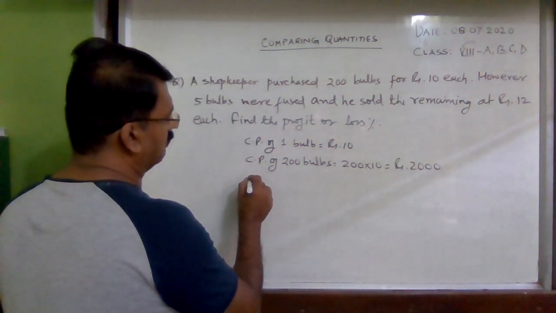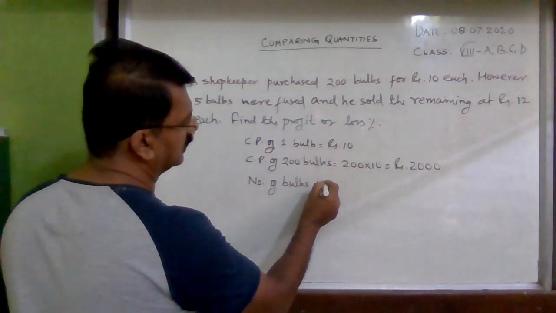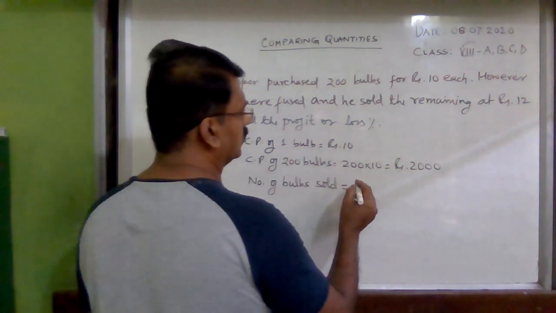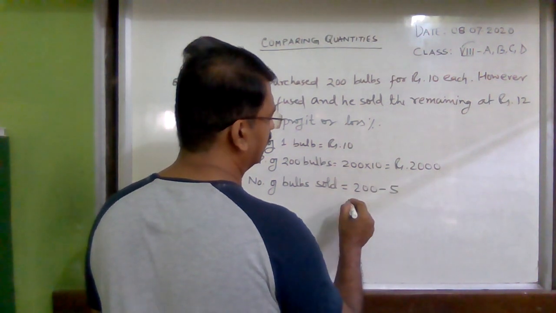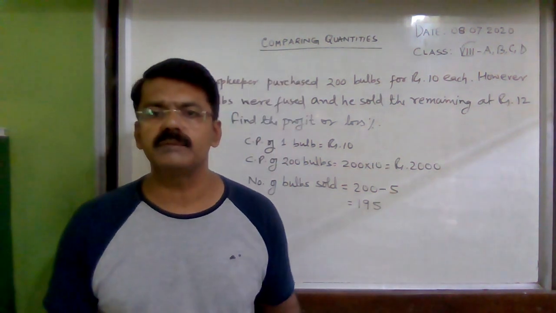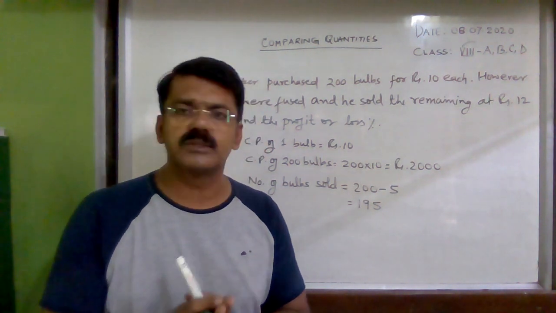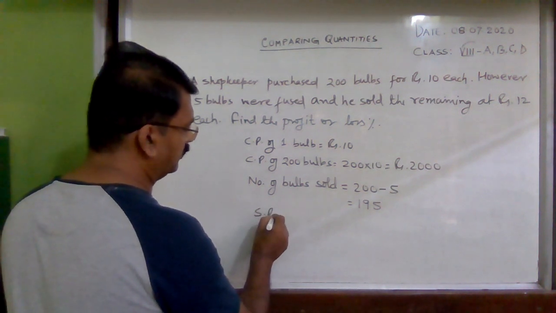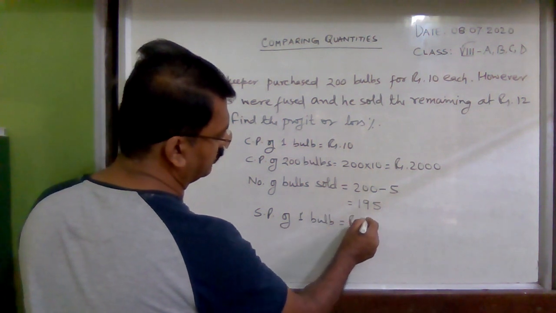Now, number of bulbs sold will be equal to 200 minus 5, that is equal to 195, because he bought 200 bulbs but 5 bulbs were fused, so the number of bulbs that he sold will be 195. So SP of one bulb, it is again given in the question, rupees 12.